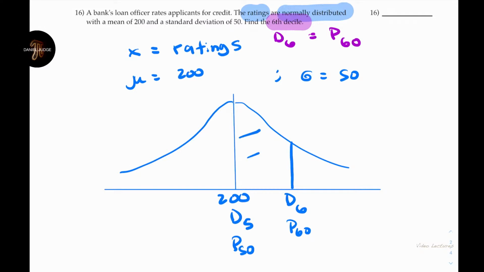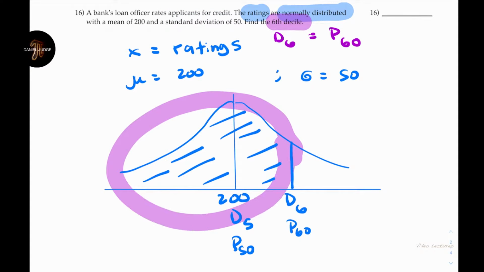What that means is, area to the left here, this whole thing is supposed to be 60%. I'm going to use the default again in honor of those that have those calculators. So 60% of this value. That's what we're looking for.